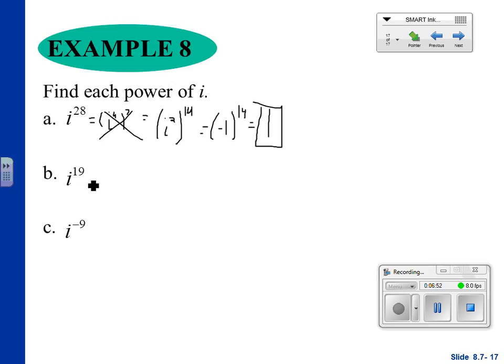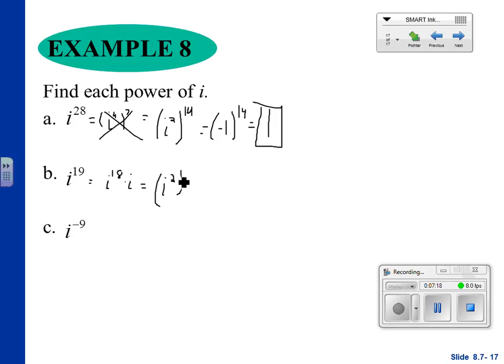All right, for part B. Now we can't rewrite this as an i squared, but we can write it as i to the 18th times an i. So we know we're going to have an i in the answer. It's either a -i or a +i. Now let's see what happens. Let's rewrite i to the 18th just like we did the 28th. So we know that's the same as i squared.